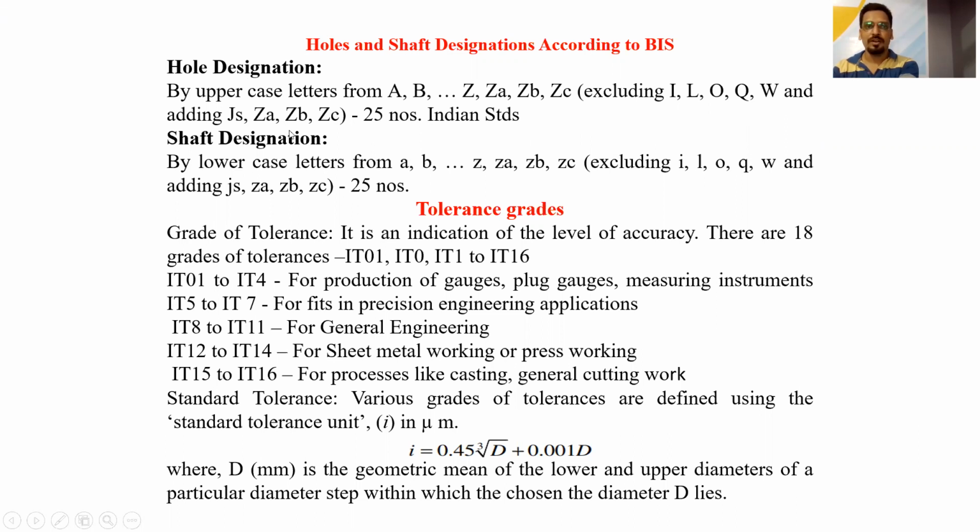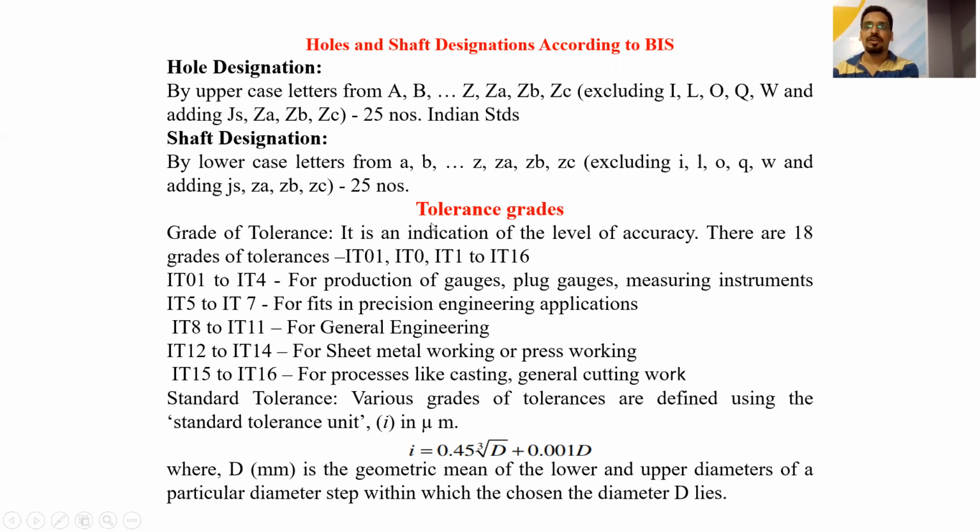In the same way, there are 25 for the shaft designation, and the only difference is that hole designations are written in capital or uppercase letters, and the shaft designation is represented by small letters like small a, b, c.